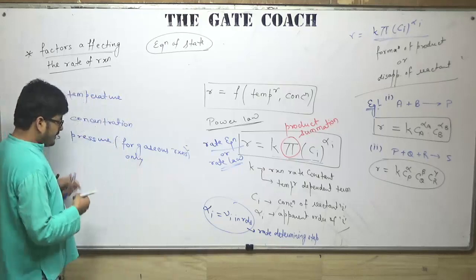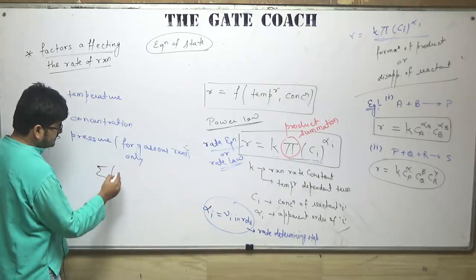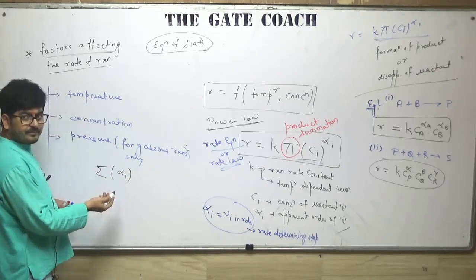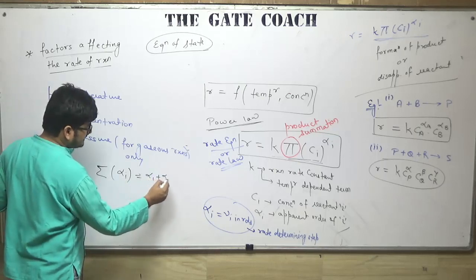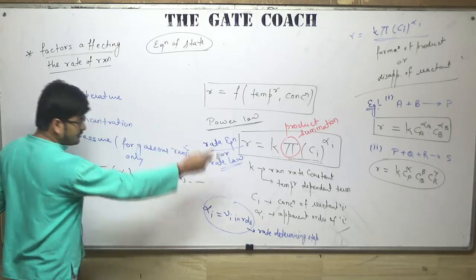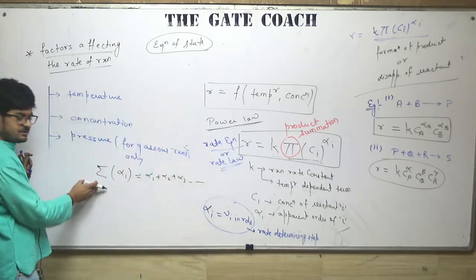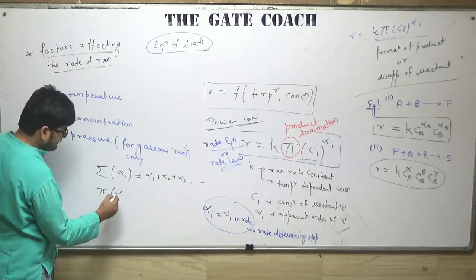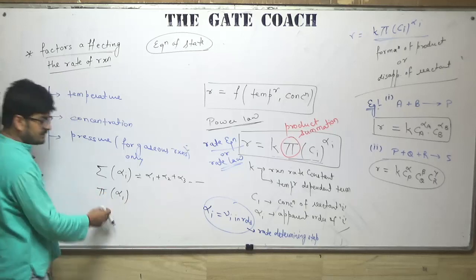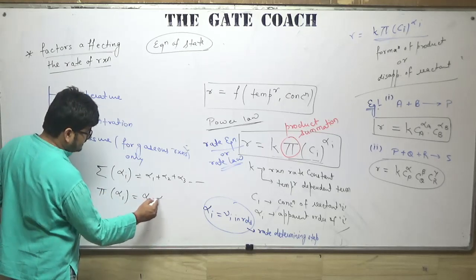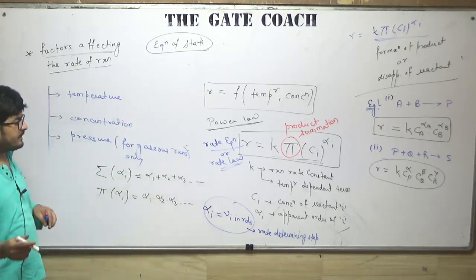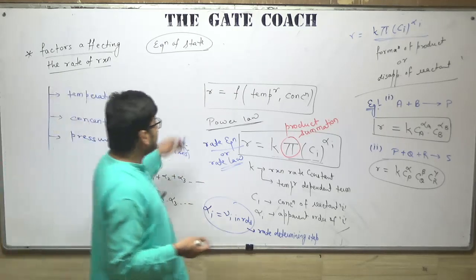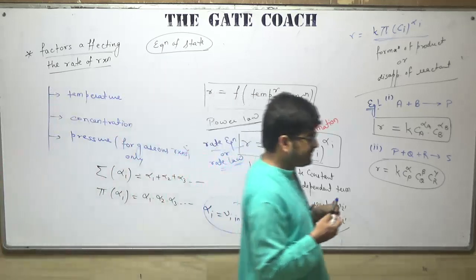For example, if you write summation of alpha i, you will write it like alpha 1 plus alpha 2 plus alpha 3 and so on, that is the additive summation. And if I have a product summation, it means alpha 1 into alpha 2 into alpha 3 and so on. Okay. So guys, tell me, what is equation of state?